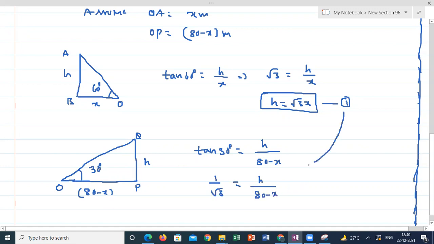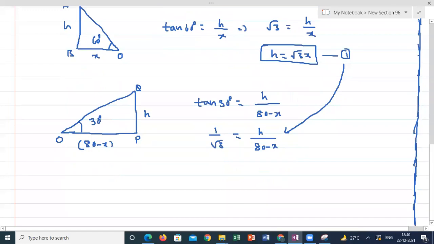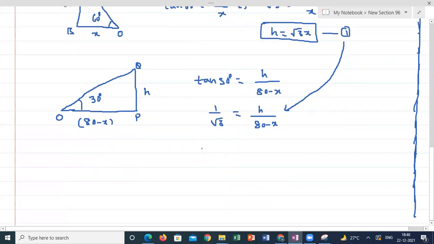Substitute the H value here. Understood what I am doing, students? We know H is equal to √3 times x. So 1 by √3 is equal to √3 x by 80 minus x.